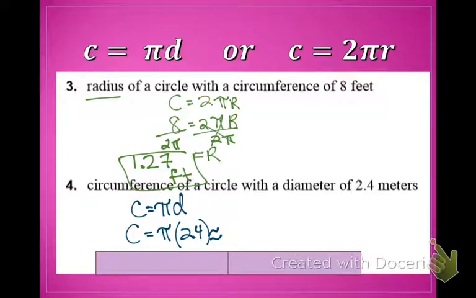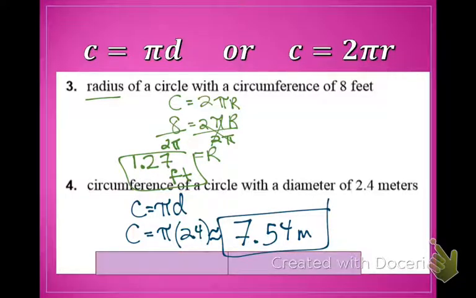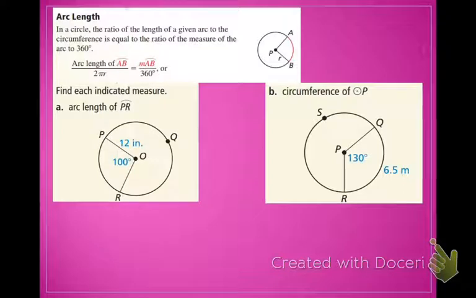This would go a lot quicker if you would actually do it. Come on. You don't have to type in pi. Type in pi times 2.4. 7.54 meters. All right, so that's one thing we did yesterday. 7.54.